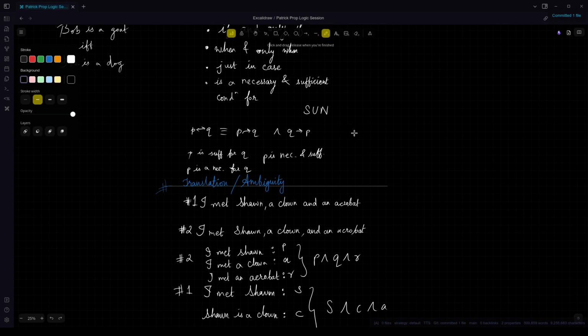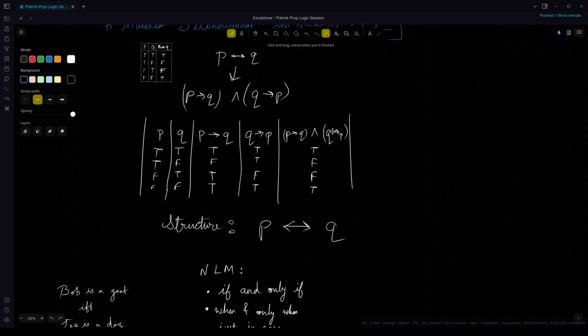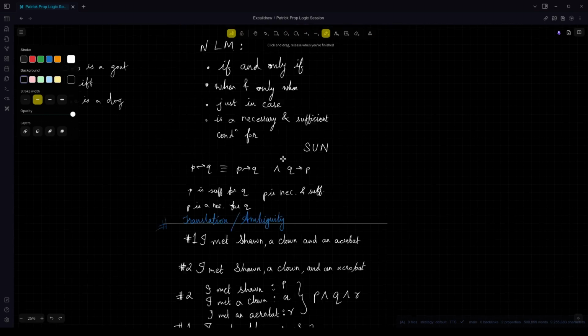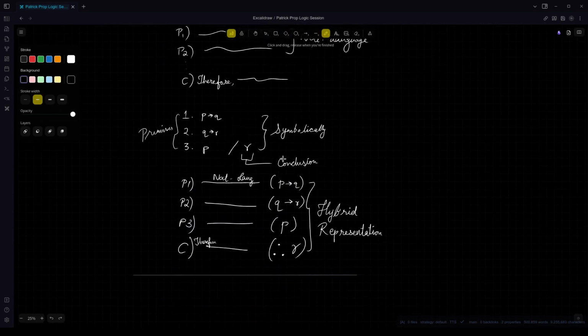They have the same truth table. Like, for example, this and this will have the same truth table. So these two are logically equivalent.